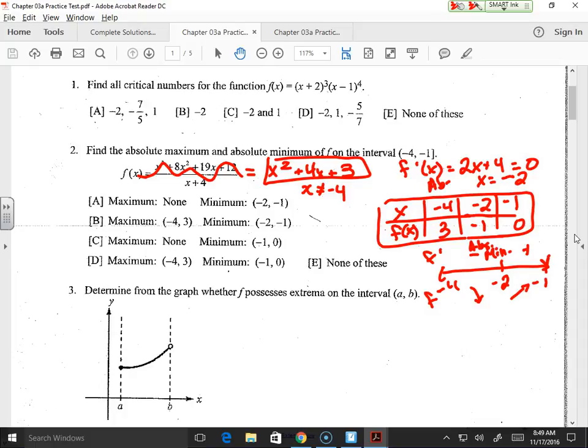What do you think the wrong answer is that people choose as long as they kind of have an understanding of what to do? B. It's not right. The answer key says A. Why? What's going on at -4? There's a hole. There's a hole and he's not allowed. It's one of these graphs.